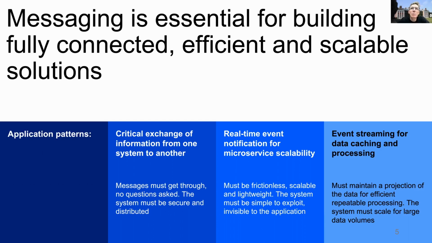And other application patterns include things like real-time events, and this is where perhaps there's been a lot more focus recently. So instead of communicating between two applications, perhaps used by a user, these tend to be more real-time events.